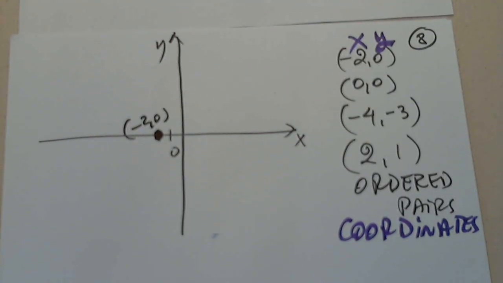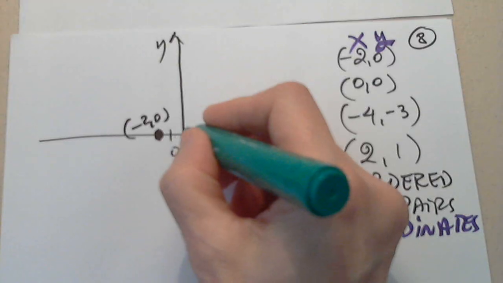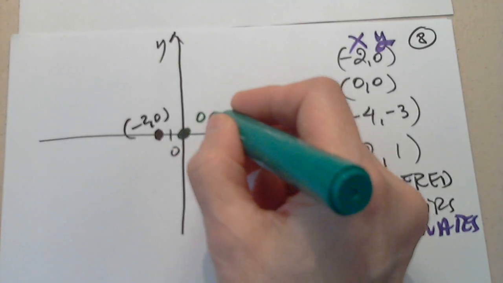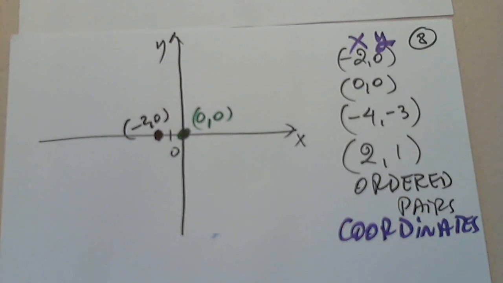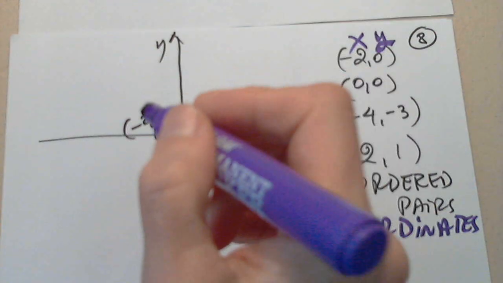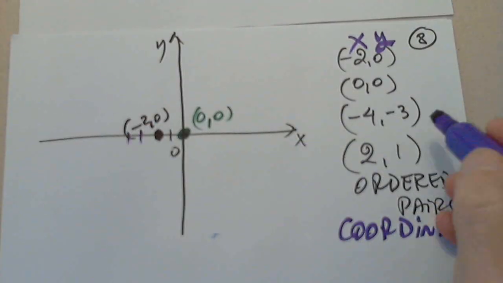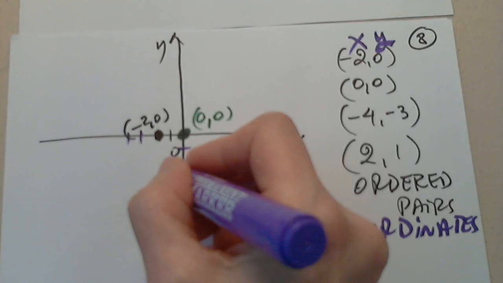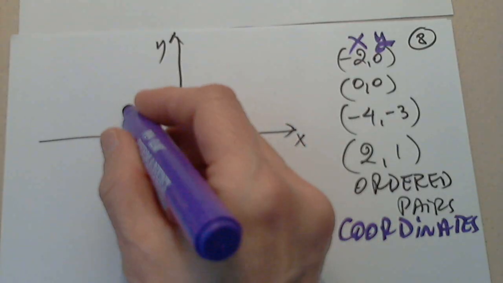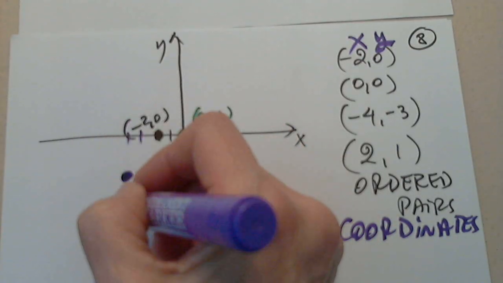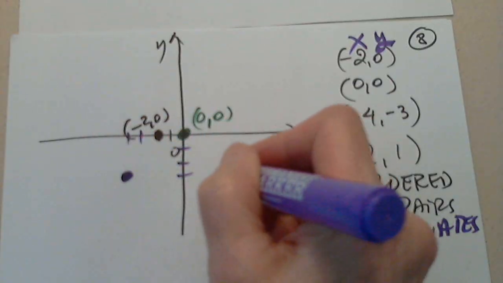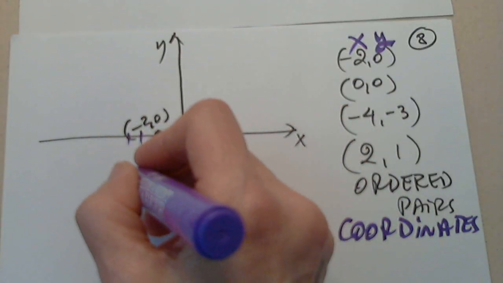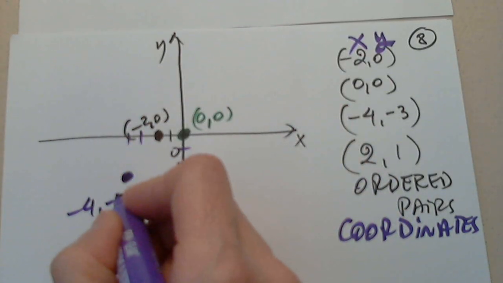The second ordered pair is the easiest one, right here. 0 for x, 0 for y. The next ordered pair, I find x first. I count -4. Now y is negative. I have to go down 1, 2, 3. The intersection of x equals -4 with y equals -3 is this point, (-4, -3).